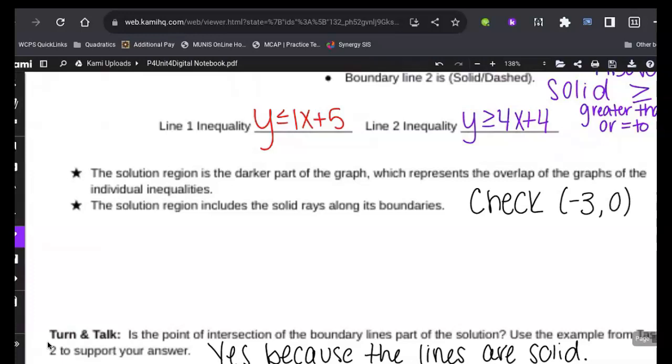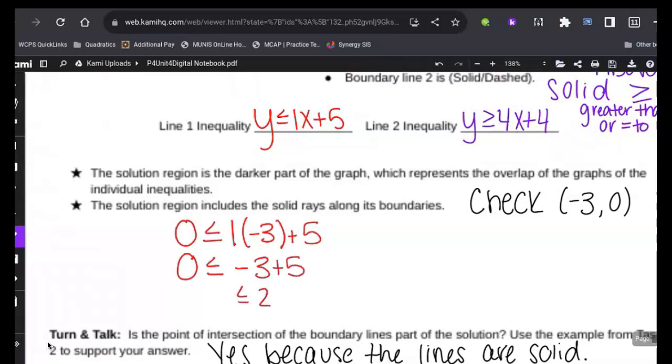We're going to use my first inequality. I'm going to plug in the 0 for y and the -3 for x. So 0 is less than or equal to -3 plus 5, and -3 plus 5 is 2. This is saying that 0 is less than or equal to 2, which is true.